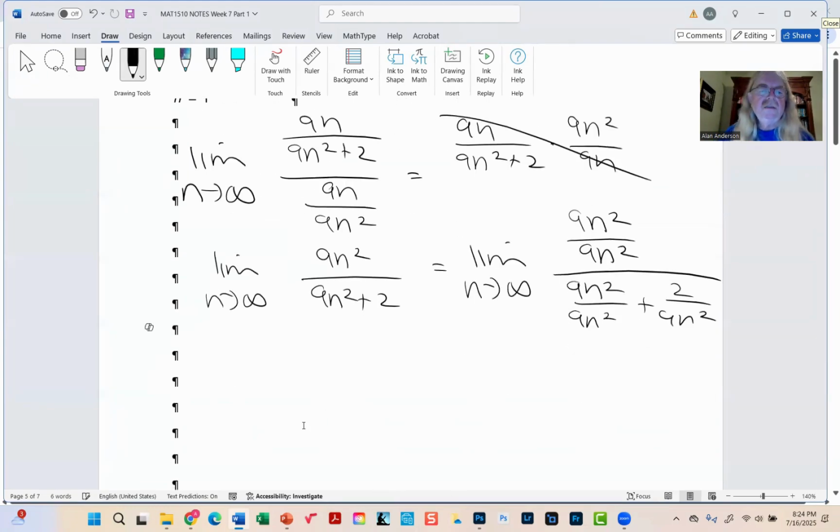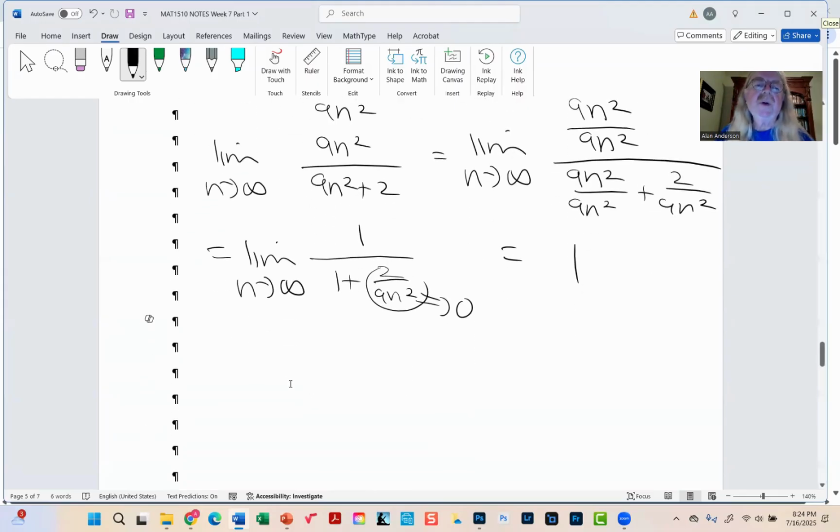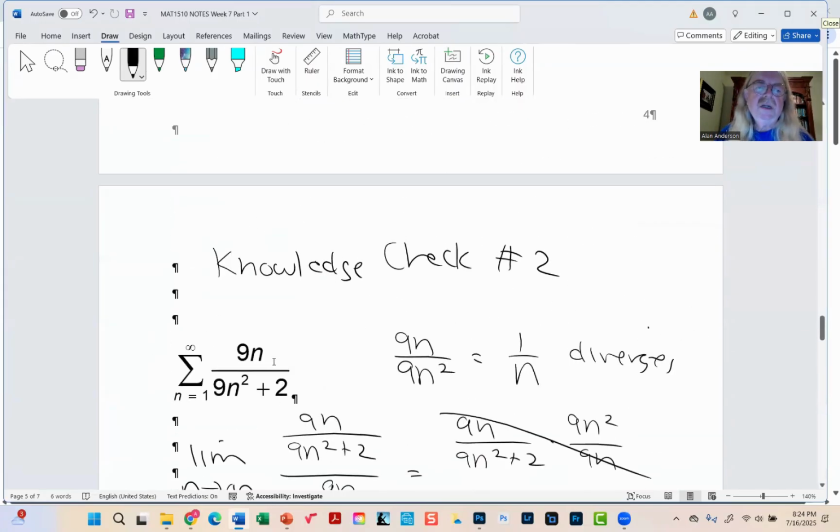All right. The limit is probably 1, which is different from 0. So our conclusion is that both this and this diverge.